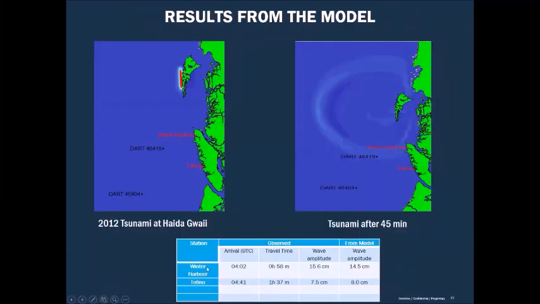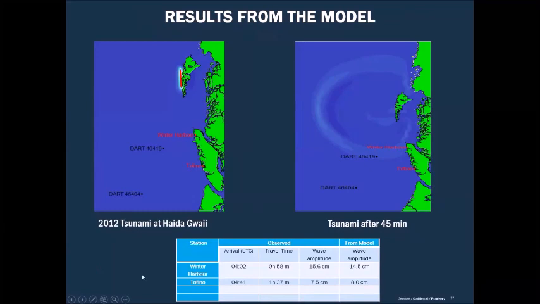At Winter Harbor, the wave amplitude was 15.6 centimeters, and from our model we obtained 14.5 centimeters. And at Tofino it was 7.5 centimeters, and we got 8.0 centimeters, which is a very close number. So we can say this model has been calibrated.